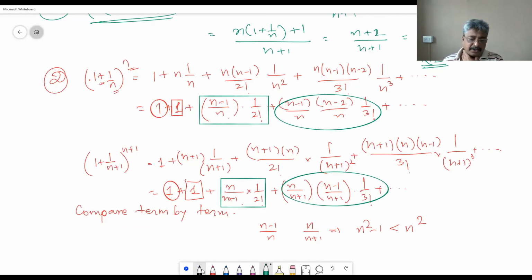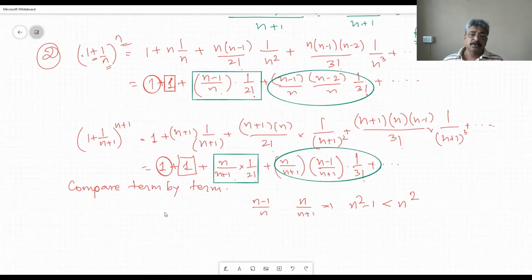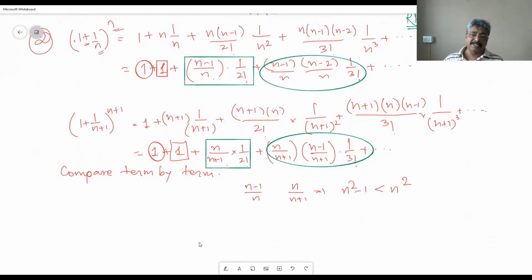So term by term, the first expansion is less, and there is one extra term in this because this is an n+2 terms expansion.